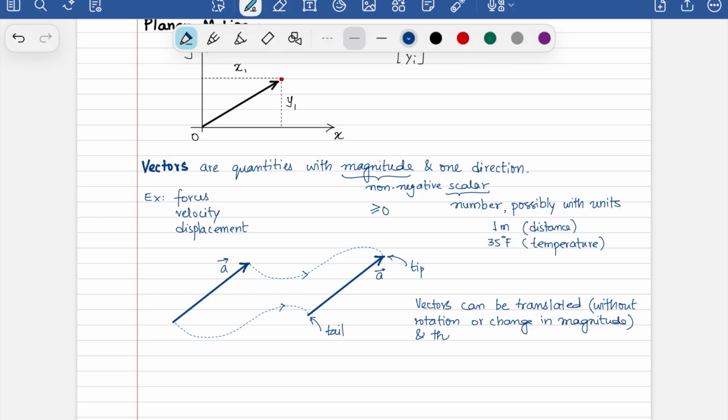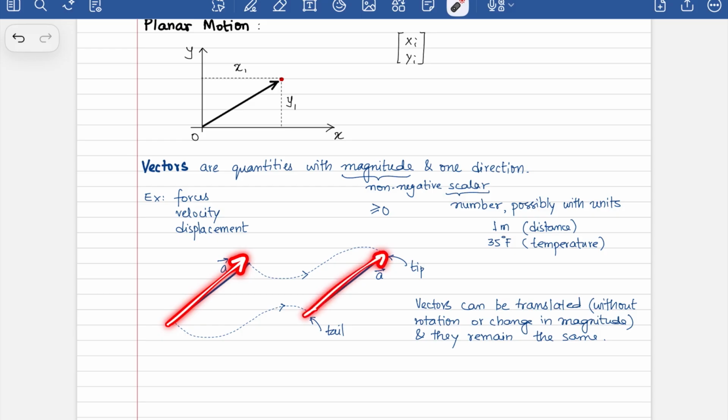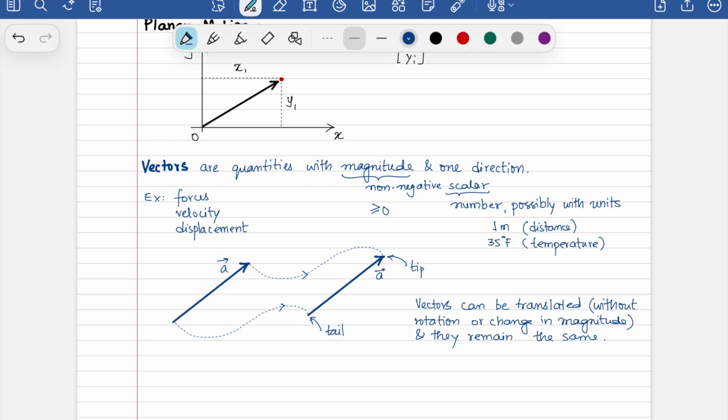And they remain the same. So here, this vector and this vector are the same, or they are equal vectors. Okay, so there's one representation.